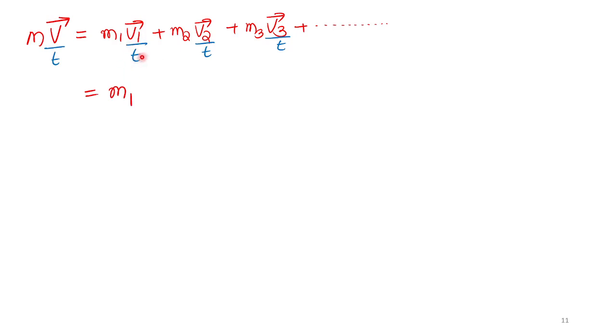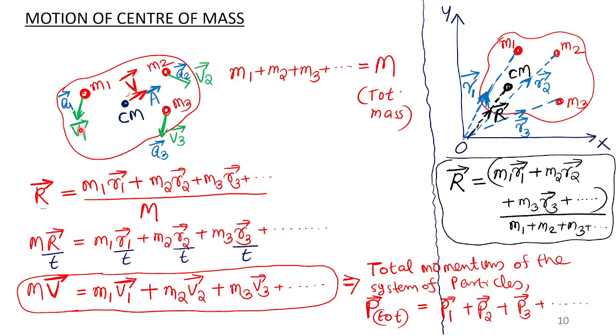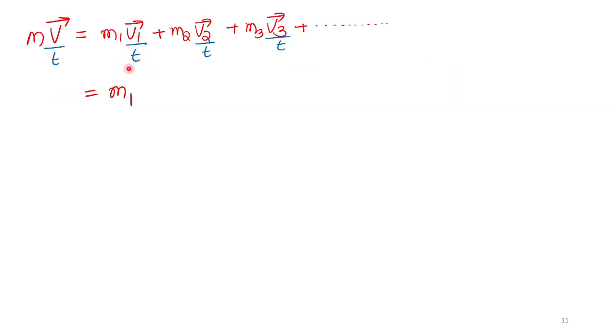V1 by t means in 1 second how much change in velocity. Divided by time means the change in velocity in 1 second. So v1 by t is nothing but acceleration, the acceleration of the first body.